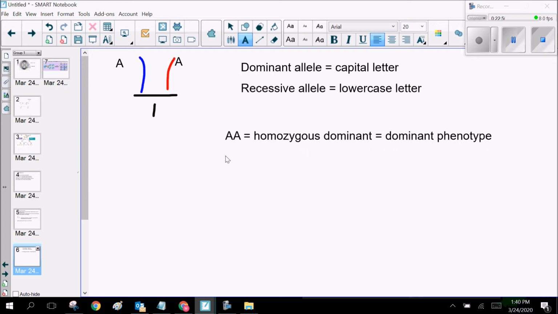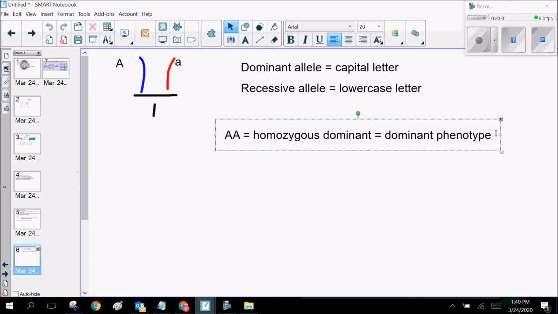Now, let's go on to a different scenario. Let's say that instead of a dominant allele, your mom had the lowercase or recessive allele. What would happen? If you had the capital A and lowercase a, this would mean that you had the heterozygous condition.